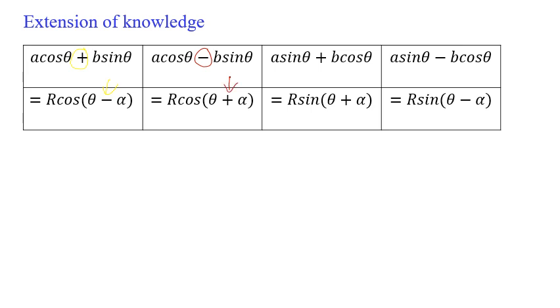Right, and for the first two examples, your cos theta actually appeared in the first position. In this third one, can you see that the sin theta appeared first, followed by cos theta? And if that is the case, it's not R cos, it will be R sin. Okay, and if this is plus, this is plus. If this is minus, this is minus.